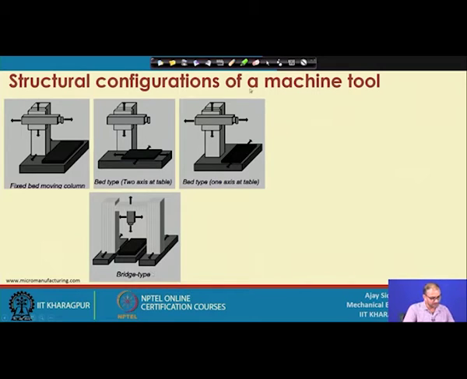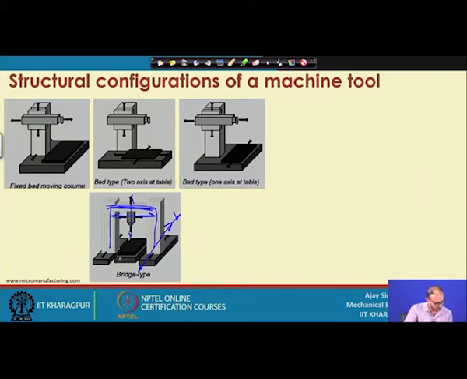Now, this is called bridge type construction. Here your workpiece or the table is fixed at this location, but this whole thing is a bridge, and this whole bridge is moving in the y direction, and your tool is at the center of this bridge, and then your z axis is moving up and down in this direction, as well as moving in the x direction, right.